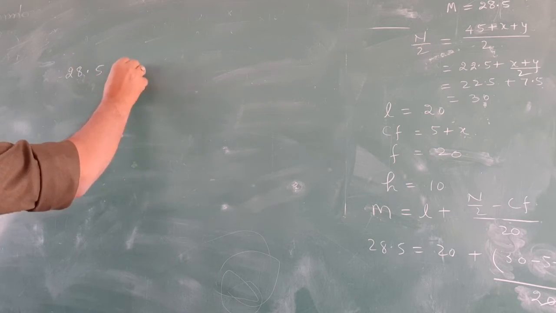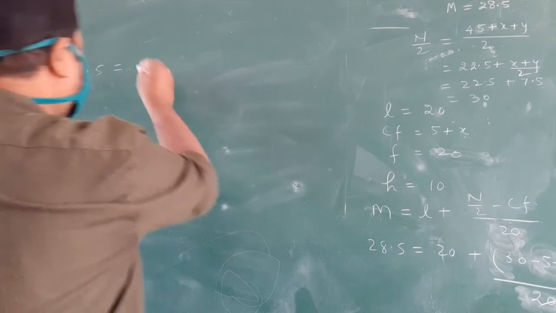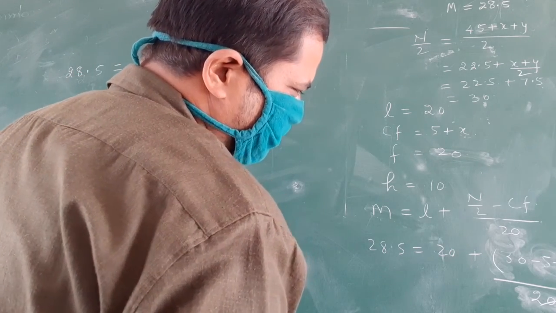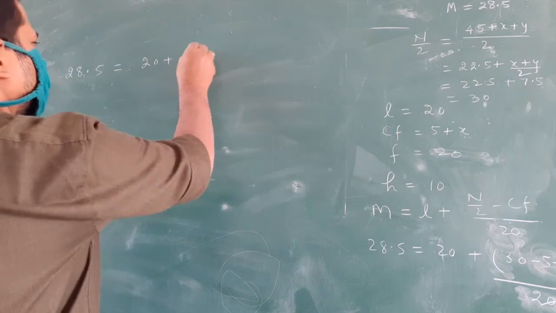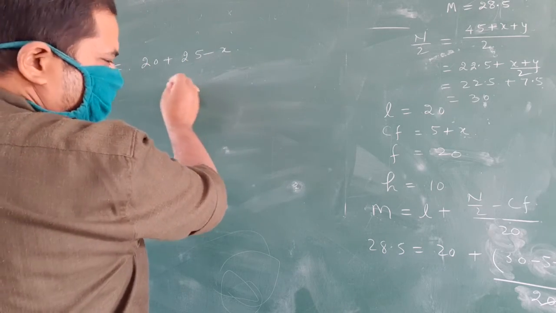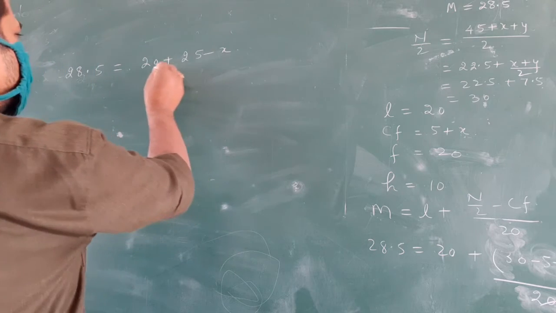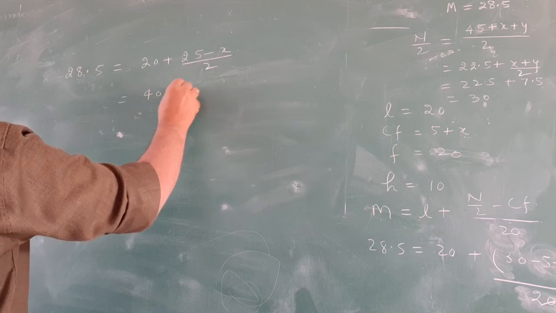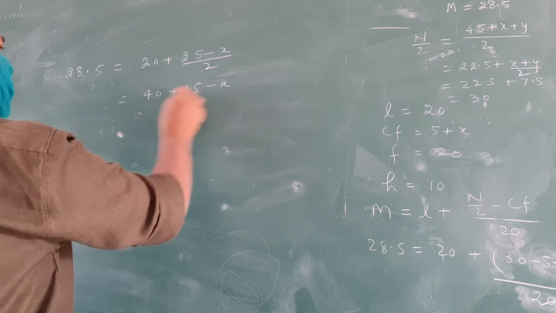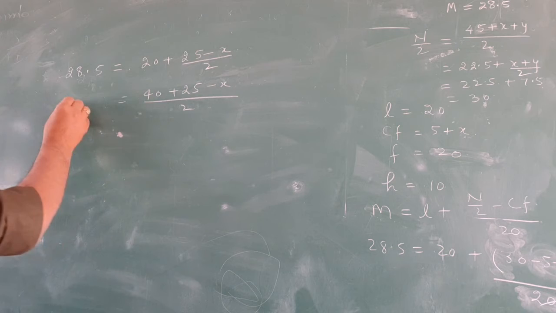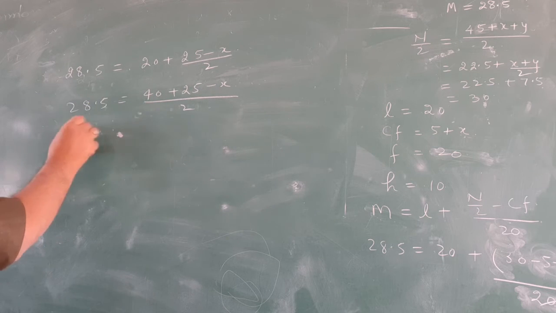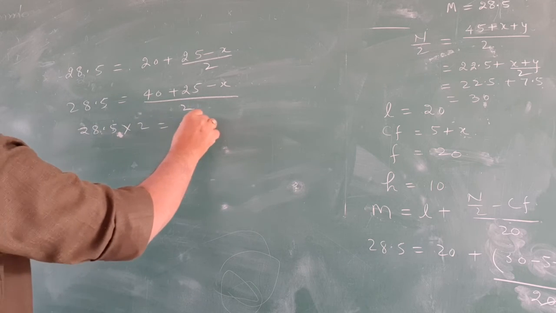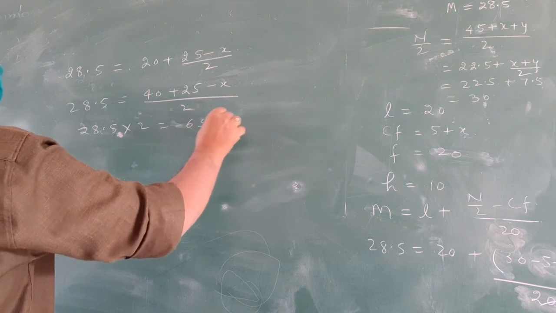So 28.5 equals 20 plus (25 minus x) divided by 2, times 10. So this is 40 plus 25 minus x divided by 2. This is 28.5, so 28.5 into 2. 40 plus 25 is 65, minus x.